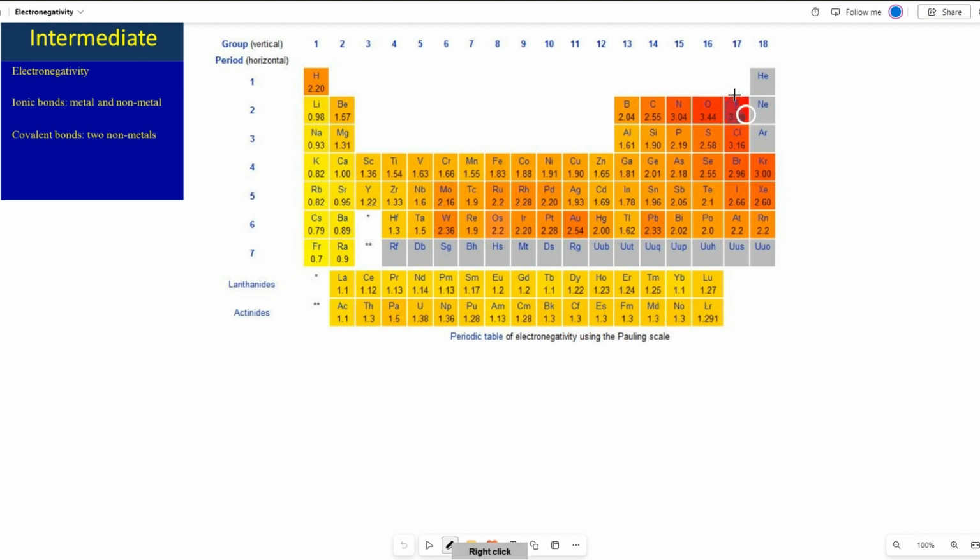And you can see that fluorine up here in the upper right hand corner has the highest electronegativity, while francium down here in the lower left hand corner has the lowest electronegativity. And if you remember, the basic trend for electronegativity is as you go diagonally across and up the periodic table, the electronegativity increases.